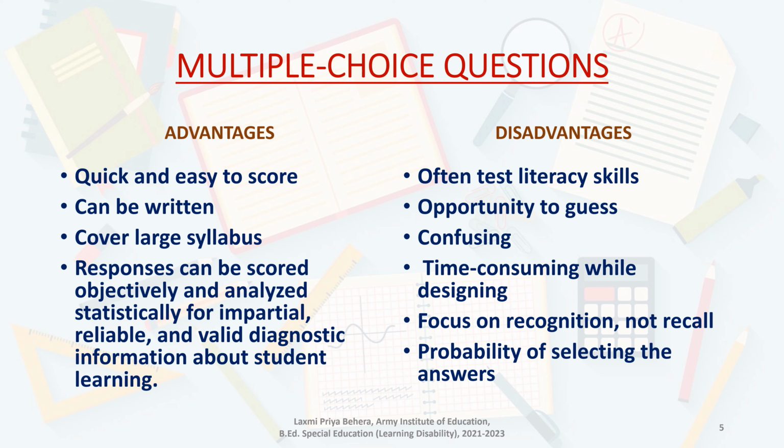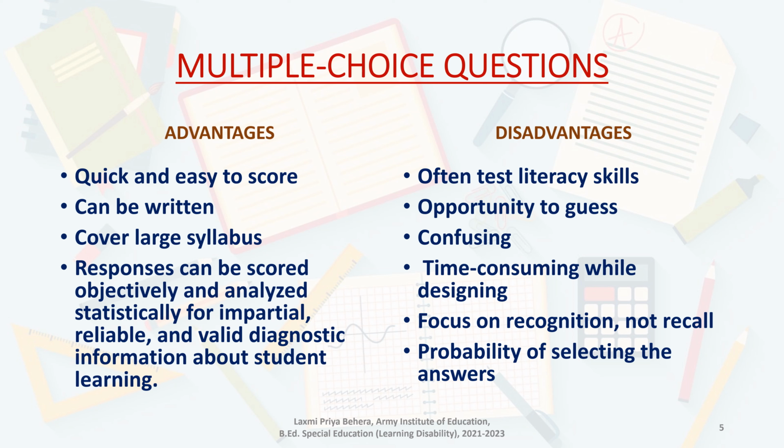They can cover lots of content areas on a single exam and still be answered in a class period. They have a high diagnostic power if distractors are constructed to address common mistakes or misconceptions. Students' responses can be scored objectively and analyzed statistically for impartial, reliable, and valid diagnostic information about student learning.